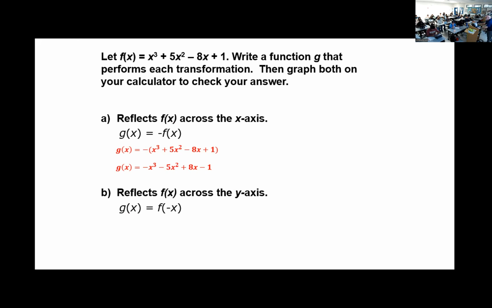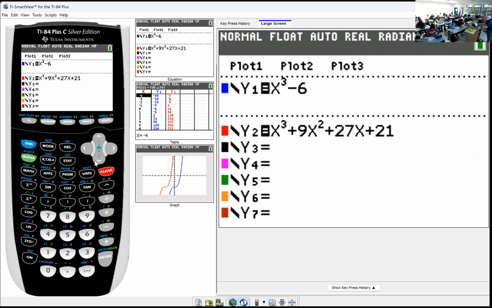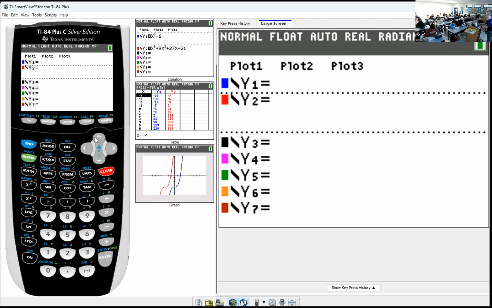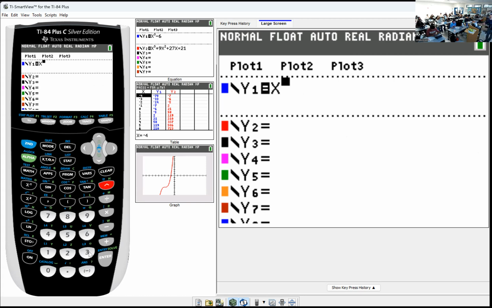So let's clear these guys out. Clear and clear. And my f of x is x cubed plus 5x squared minus 8x plus 1.